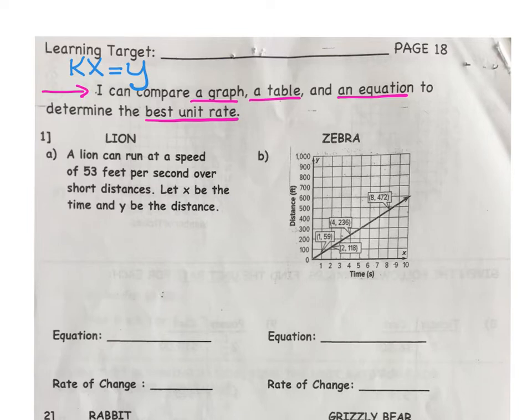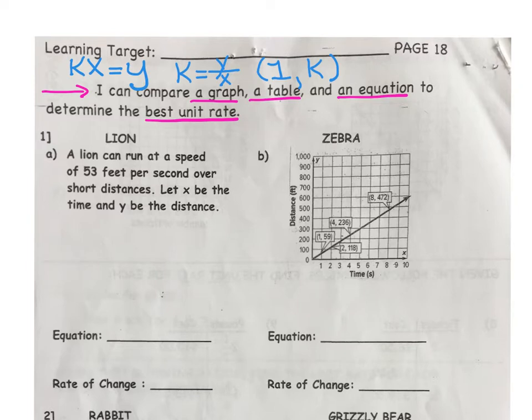We also know that to find k, the constant of proportionality, we need to take y divided by x, or examine the ratio y over x. And lastly, on a graph, the unit rate is (1, k), written as an ordered pair.